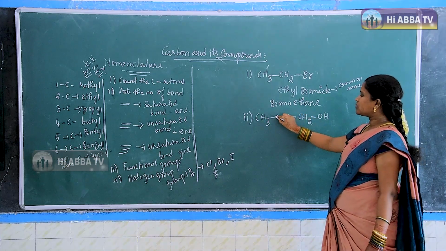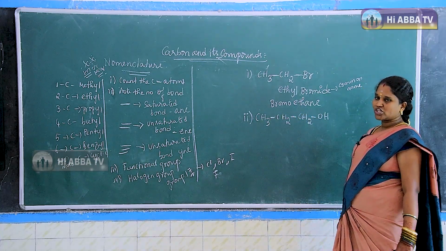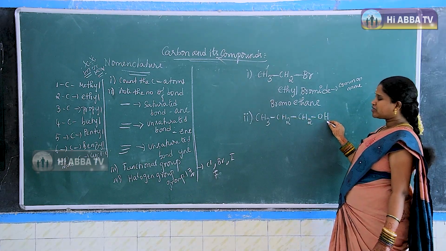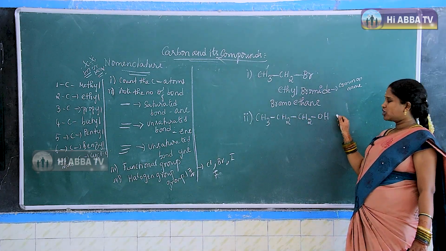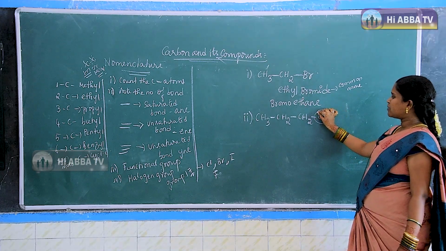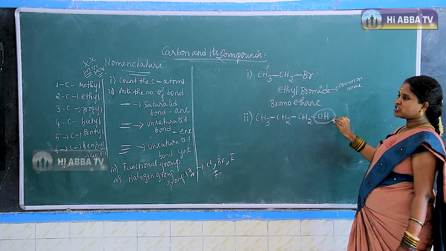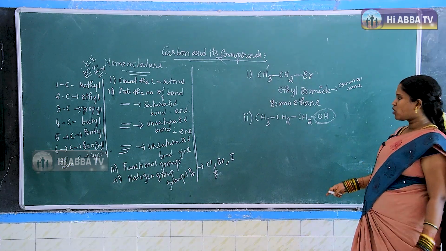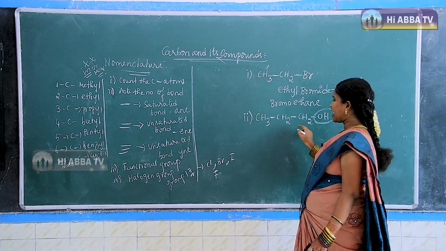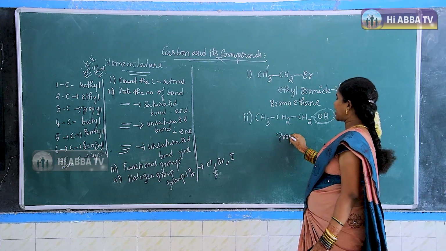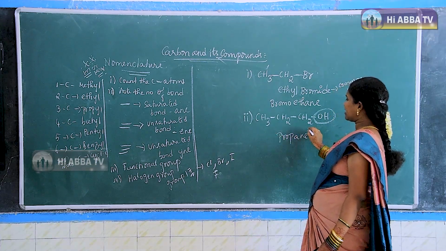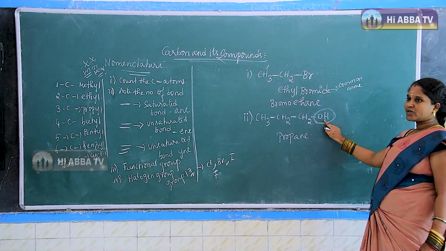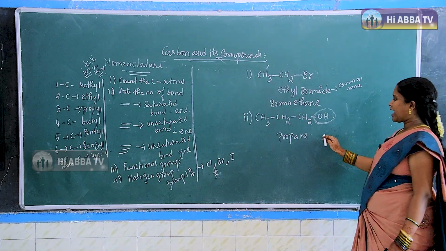Second, we have to check the bond, single bond. And we have to check whether it consists of a functional group. Here OH is present. If it is OH, we know the functional group is alcohol. So 3 carbon, propane, ANE, because it consists of single bond, and it ends with OH, which means that alcohol.